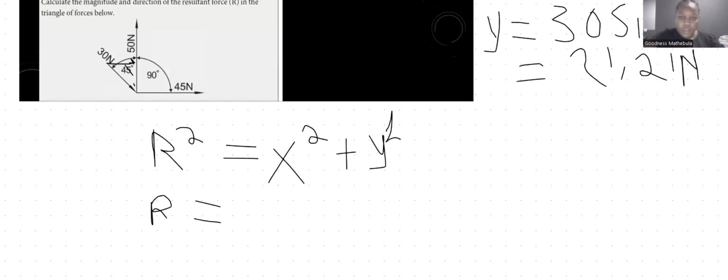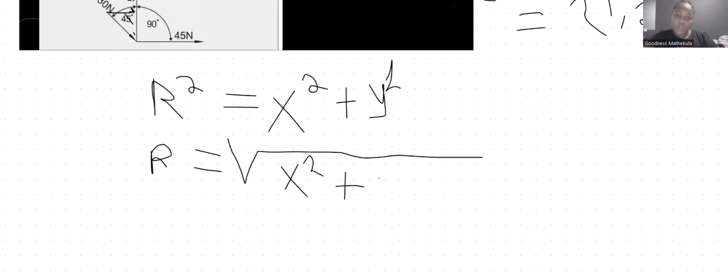After here, you will substitute the answers that you get when you calculate the sum of the x-axis and the sum of the y-axis. When you calculate the direction, here is the formula to calculate your direction.